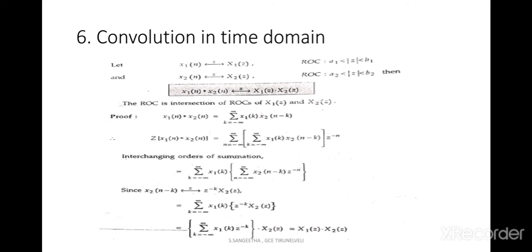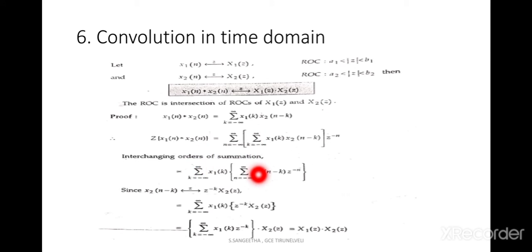Let's have the proof. The convolution is the summation over k equal to minus infinity to infinity of x1(k) x2(n-k). Next we take the z-transform of this and substitute the value.